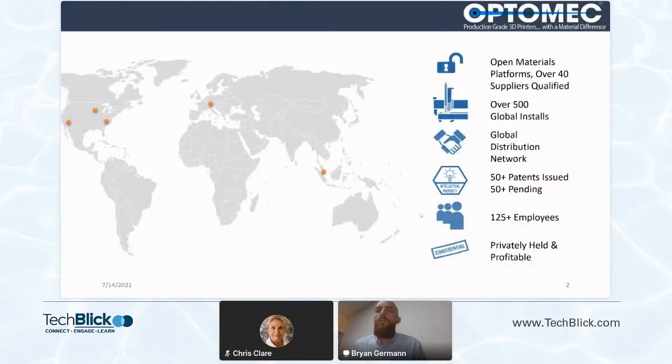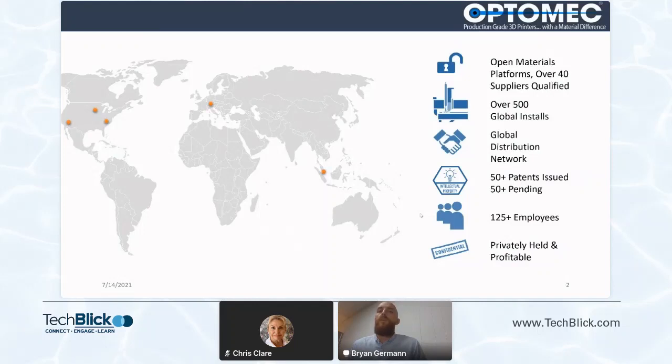So just a little bit about, for those of you who don't know who Optomec is, we are an additive manufacturing company. We make capital equipment, software, and process is a big part of our business as well, developing processes and providing those to customers for production oriented applications. And we have two different technologies, Aerosol Jet and LENS, which I'll talk about in a minute. Between those two technologies, we have over 500 systems installed globally.